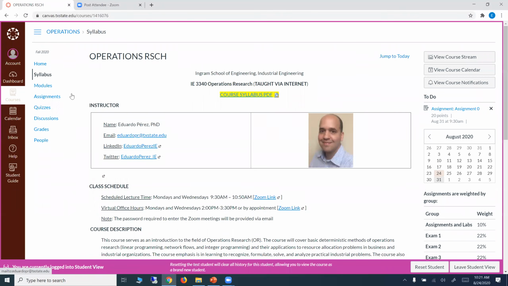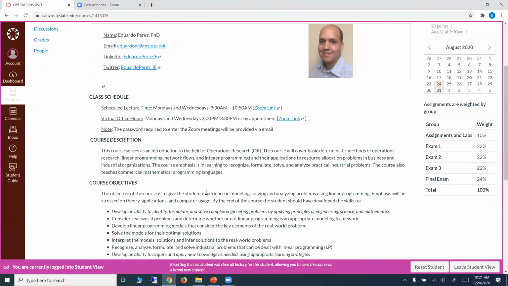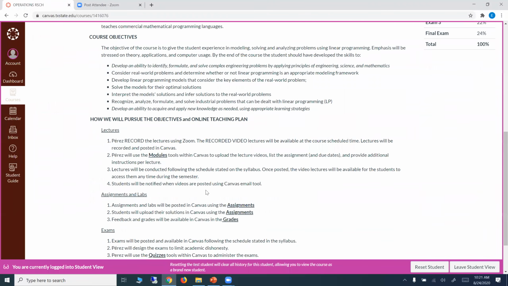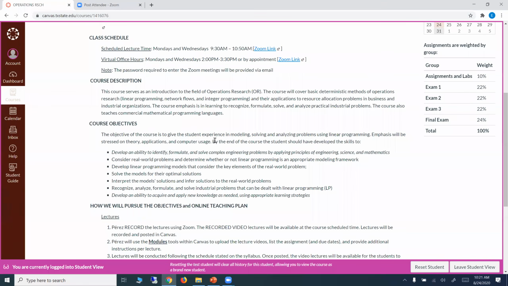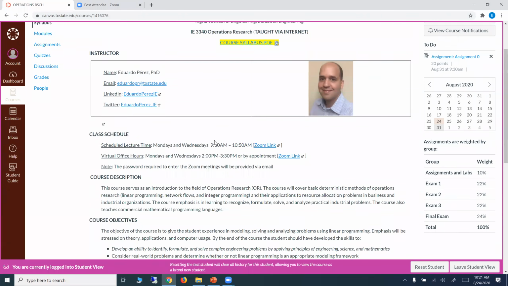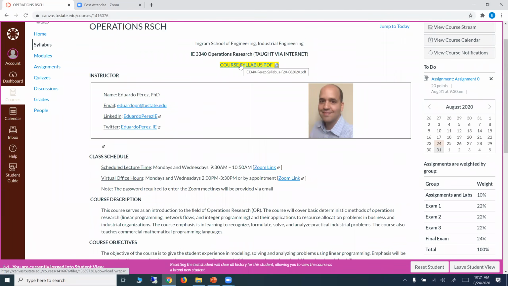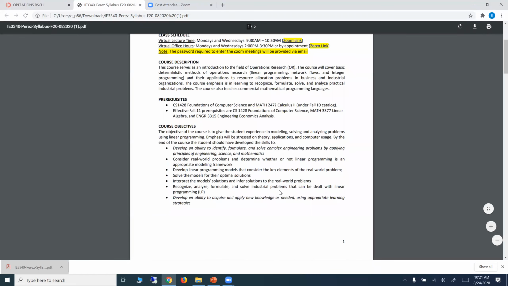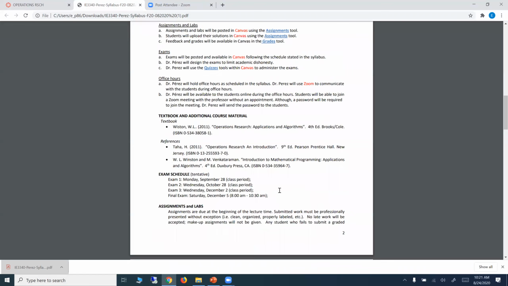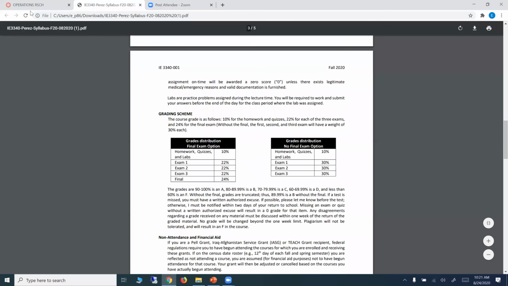So when you log in, you'll have the syllabus. That's the first thing you're going to see. So here are the instructions that we are discussing, how we're going to pursue the objectives, the online teaching plan. We're going to go through that in a minute. If you want to access the course syllabus, you can click here, and then you will download the syllabus. So here's the information that we are going to discuss now.